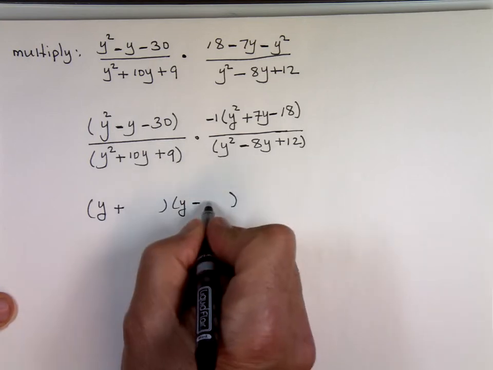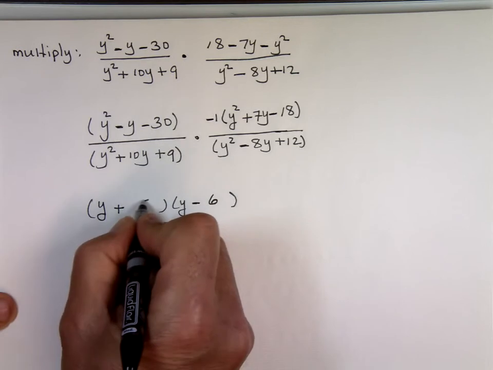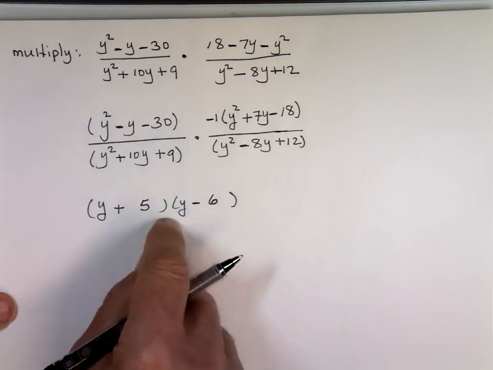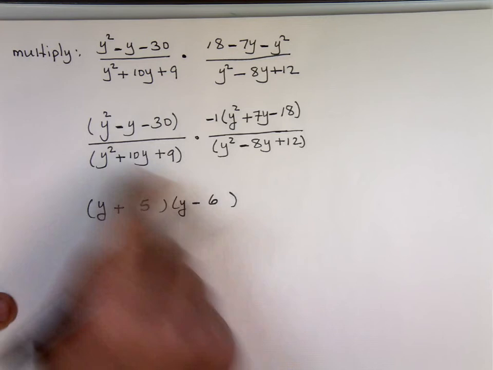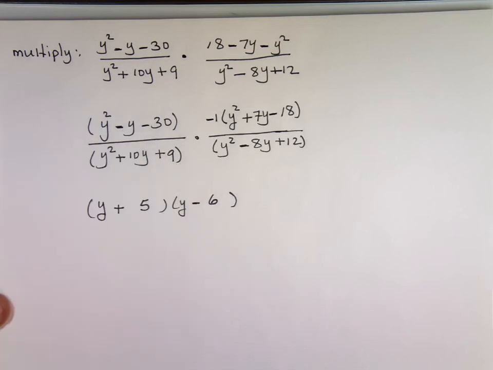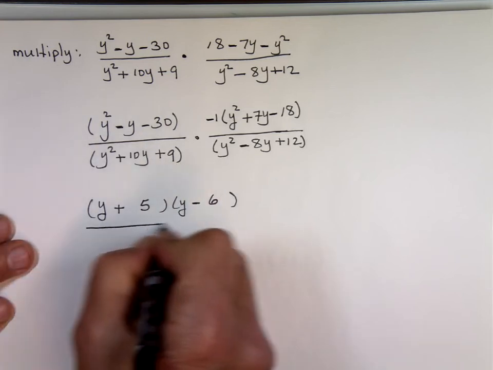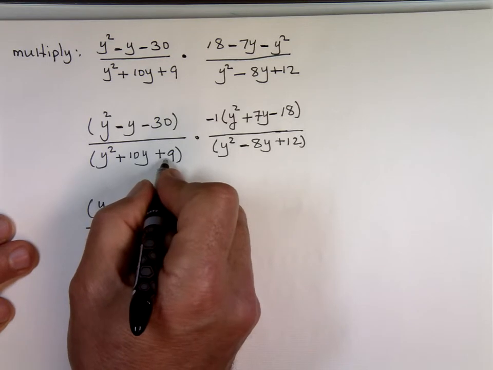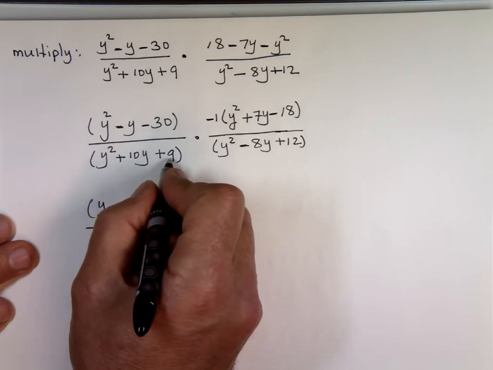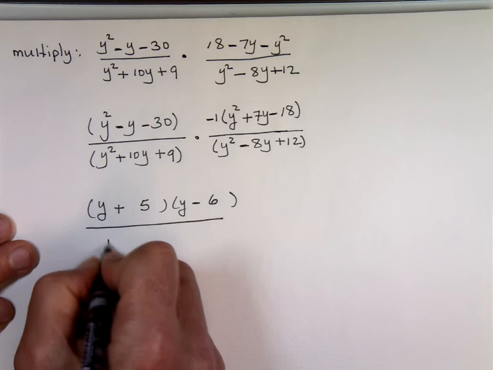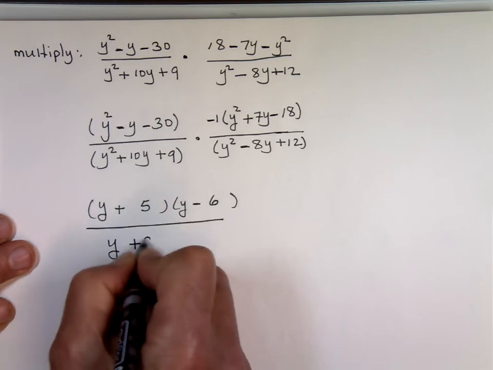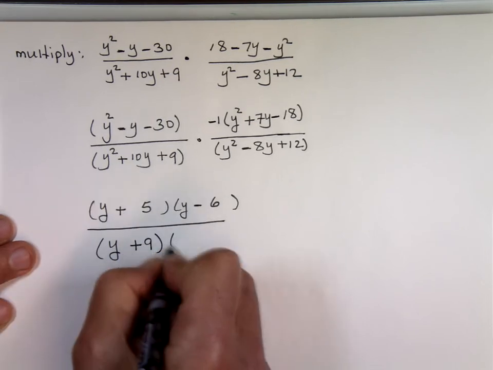So it's negative 6 plus the 5. That's 5y minus 6y will make it negative 1y. 9 is either 3 times 3 or 9 times 1, but I want the sum to be 10. Y plus 9, y plus 1.